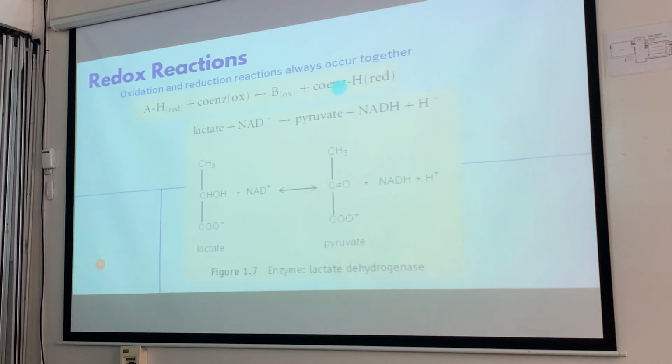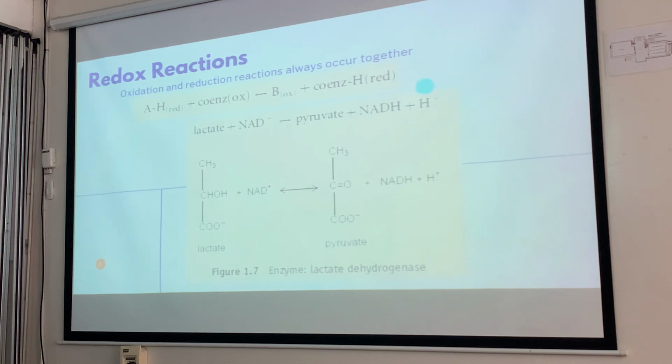Usually the ones with the hydrogen come as the reduced part. Okay. So to be specific, you have lactate and your nicotinamide adenine compound. Okay. So lactate plus NAD plus becomes pyruvate, and then the NADH is the reduced component.